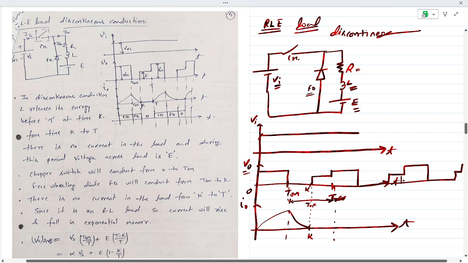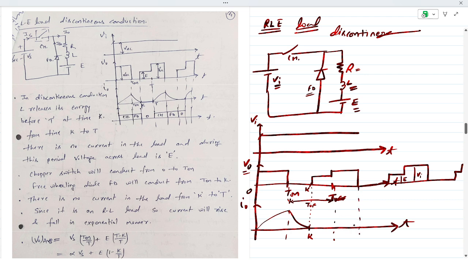So this magnitude is E, and this magnitude is Vi. And again from here current will increase and then decrease up to this point like this. So in this mode of operation, you can see the I naught is not continuous here. This is known as discontinuous conduction.